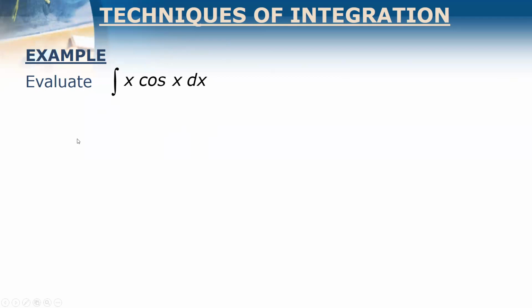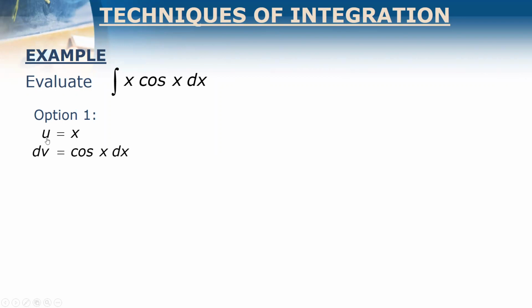So, again, as I have said, this is a trial and error process. We have two options. Let us make x as our u in the first, and cosine x as our u in the second. Option 1 is u equal to x, and of course, what is left will be your dv, cosine x dx.